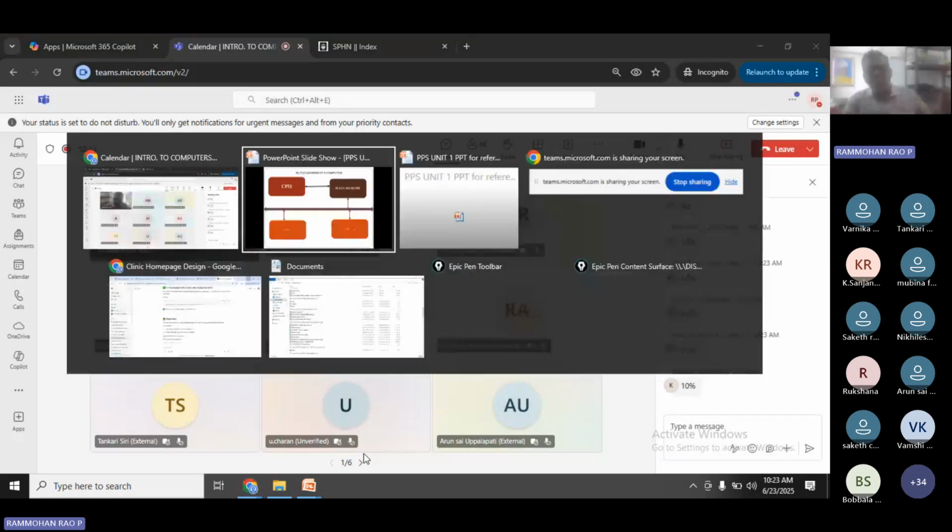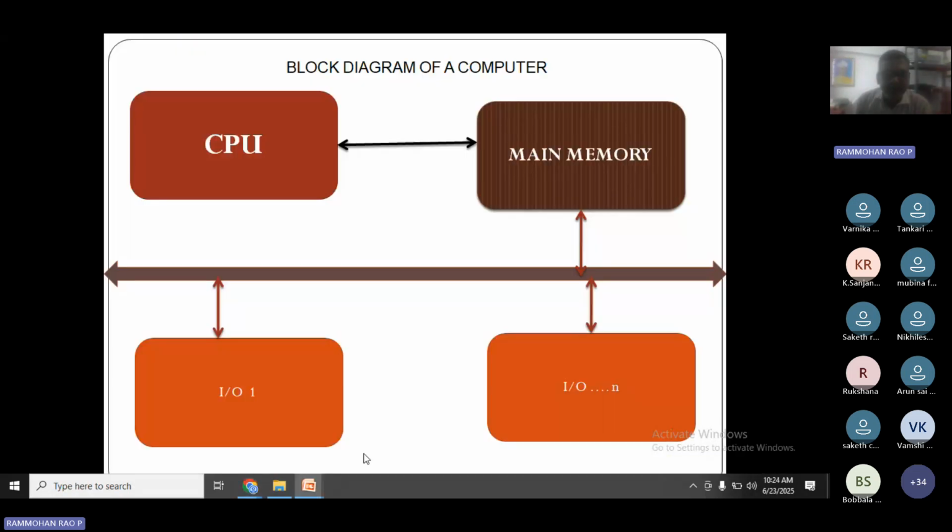Now coming back to this diagram, exactly the same thing will happen here, because CPU is a pure electronic device present in any digital computer, whereas our input output devices like printer, monitor, keyboard are not pure electronic devices. Some are electrical devices, some are mechanical devices, some are electromechanical devices.